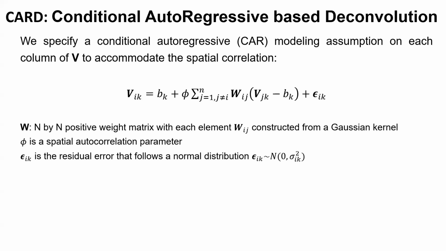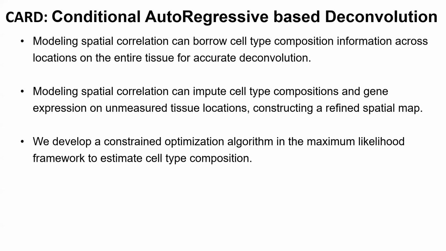This way, you can do a better job at inference, but more importantly, by borrowing the neighborhood information, you can do imputation on both cell type information and gene expression. Finally, we develop a constrained optimization algorithm in the maximum likelihood framework to estimate the cell type compositions.